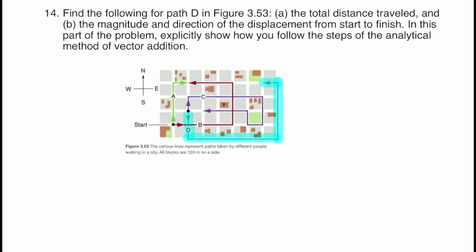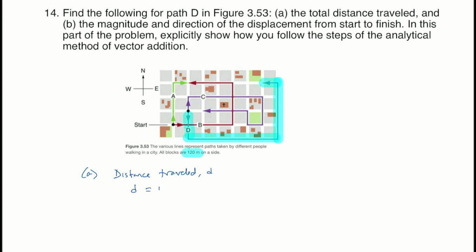Okay, so part A, our distance traveled, we'll call it D. We've also got, each block is 120 meters.